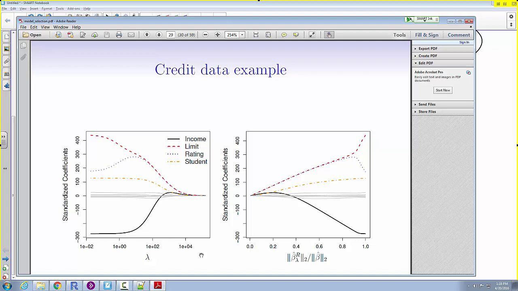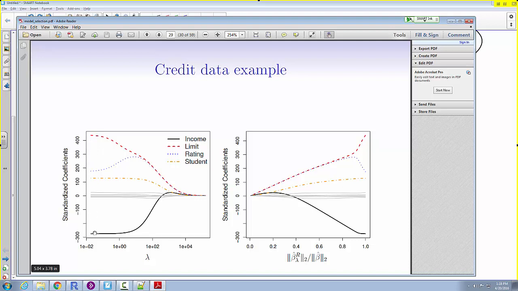So it's going to tend to shrink down the beta coefficients. These are the plots of the beta coefficients. Up here, the coefficient for the variable limit was around 420 something. And the coefficient for rating was there, and student, and so on.